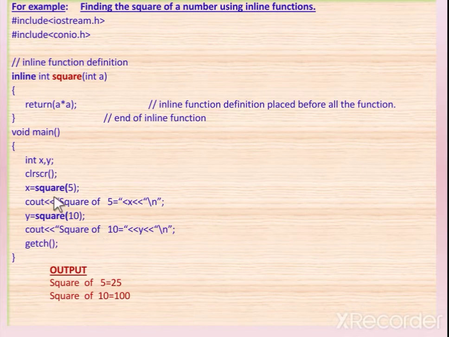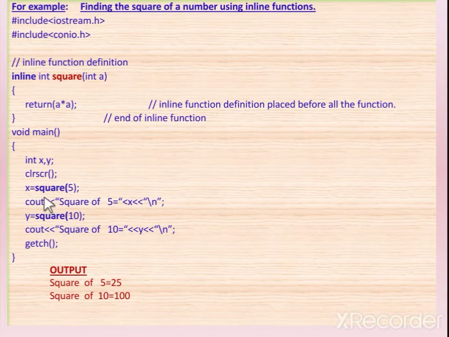For example, in the main function you are calling this particular function many times, square, square. If it is not an inline function, you waste much time transferring the flow of control from here to there and there to here. That's why we make this function an inline function, because we are calling it many times in the main program.